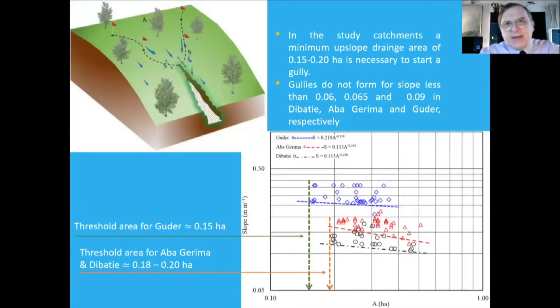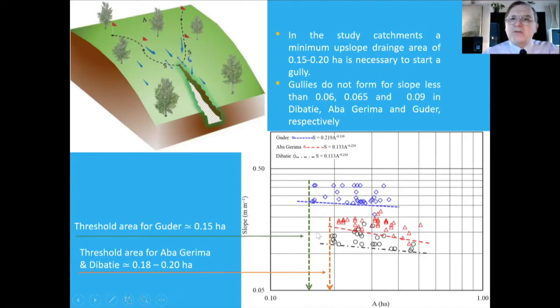The data show some interesting results. In this diagram, you can see that an increase of contributing area corresponds to a lower slope necessary to start a gully.